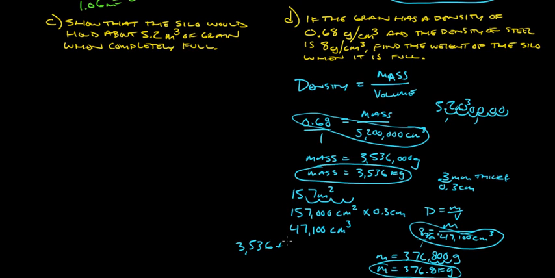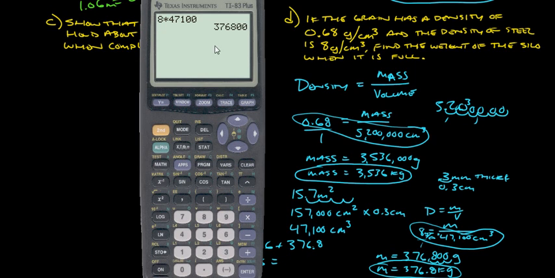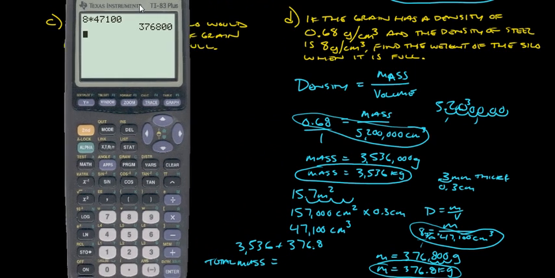3,536 plus 376.8, and we get a total mass of 3912.8. Isn't this fun? This is a long, complicated problem, but man, you figure this out and you've got it all figured out.